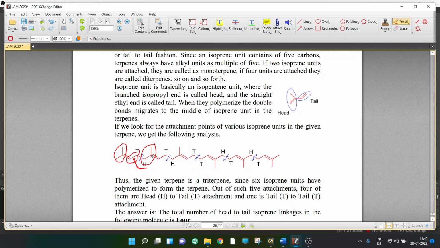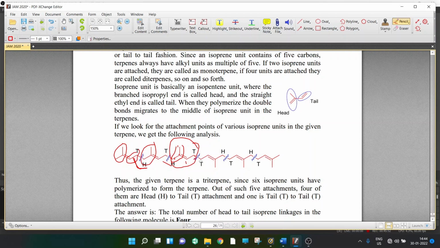Now similarly here, this is the head, so this has to be the tail, and here again the isopropyl part is there, so this is a head to tail linkage. It comes here, becomes 5. Interesting thing is you have to stop at 5. 1, 2, 3, 4 and 5. Whenever you count 5 carbons, that is one isoprene unit.